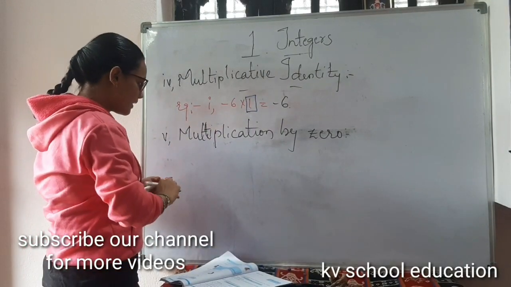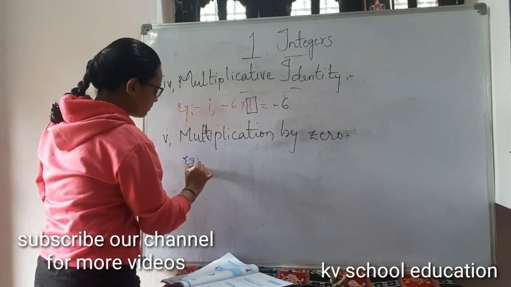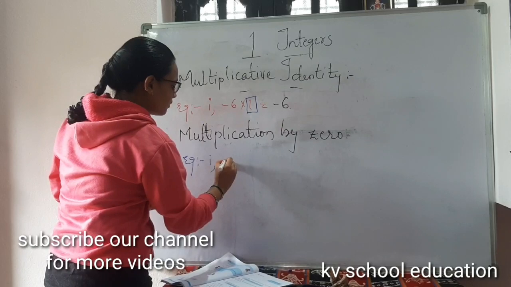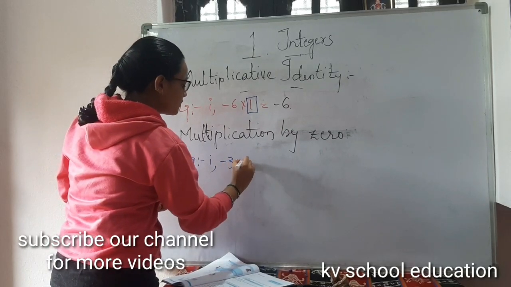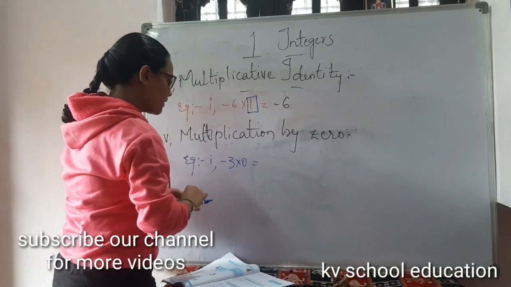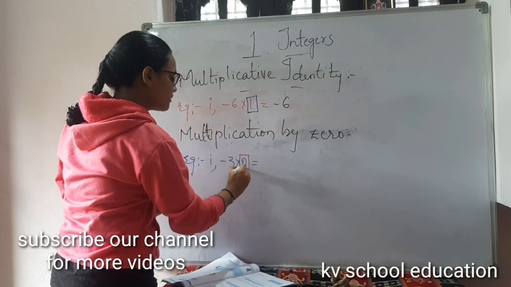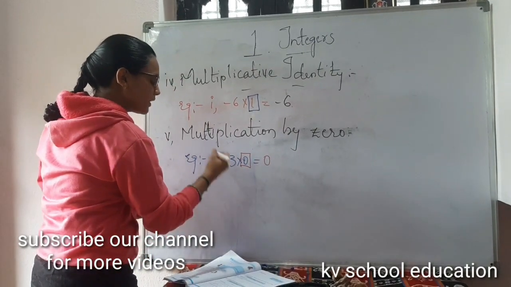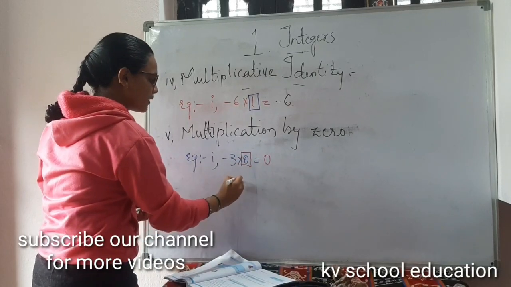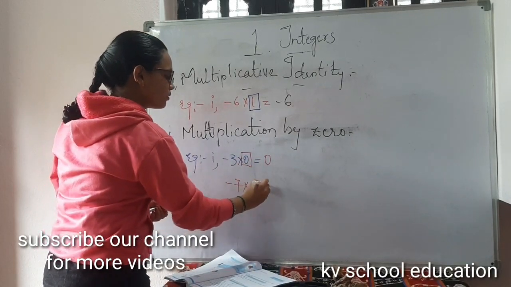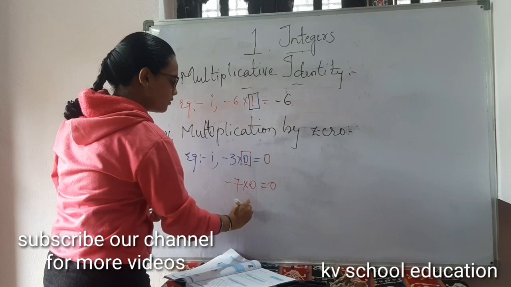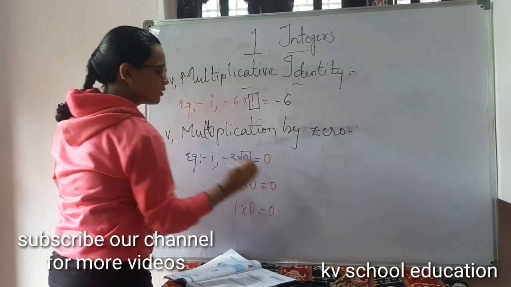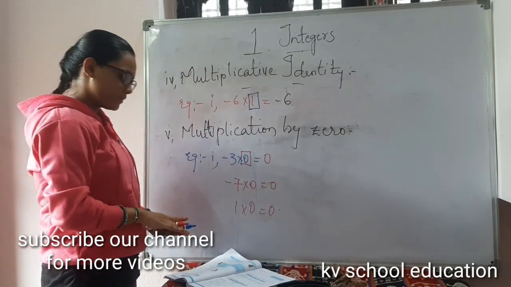So if we see an example, minus 3 into 0. Here is the multiplication by 0. So the answer will be 0. If you multiply any number, for example minus 7 into 0 is 0, 1 into 0 is 0. This is the answer.